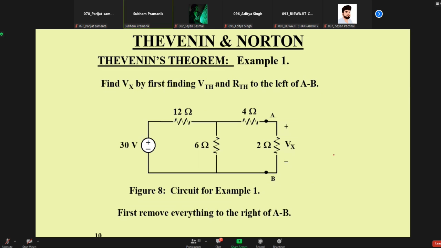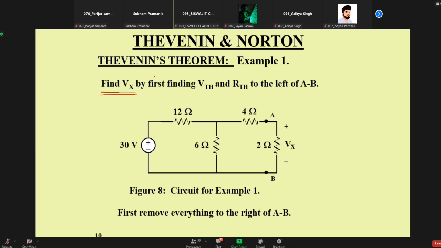So suppose in this very simple circuit, if you want to apply Thevenin's theorem, what should you do? Let's concentrate on what has been said. Find Vx. Find Vx means which resistor is our load? 2 ohm.